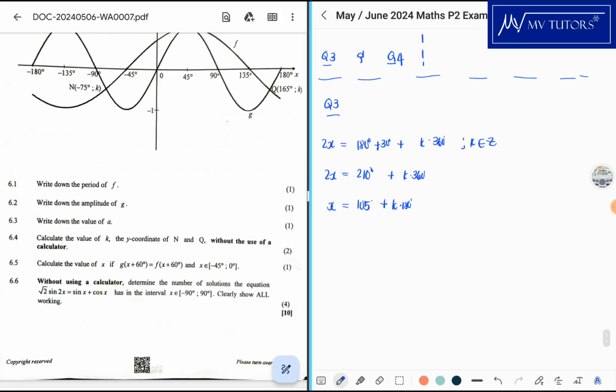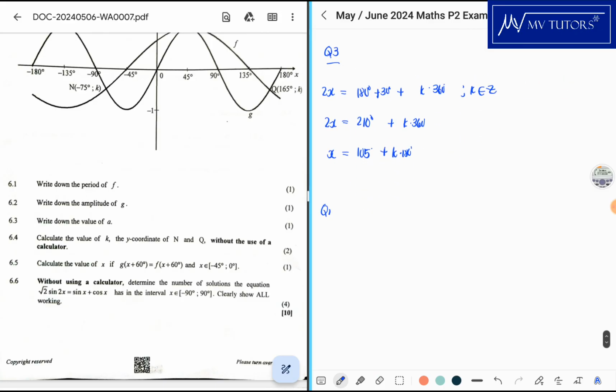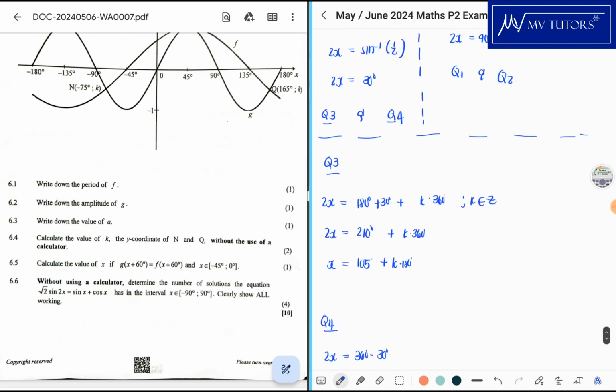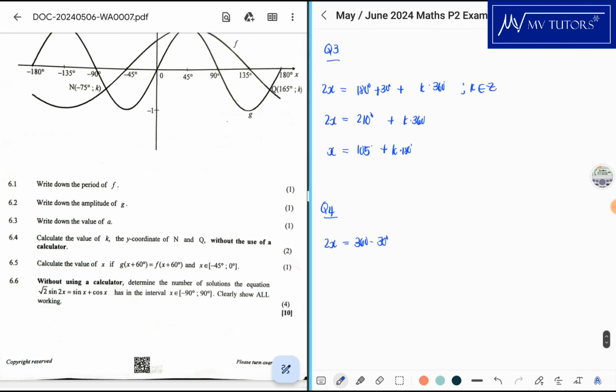Now let's get the general solution for quadrant 4. So we have 2x is equal to 360 minus 30, because that's our reference angle, and then plus k times 360, where k is an element of integers. So 360 minus 30 will give you 330.